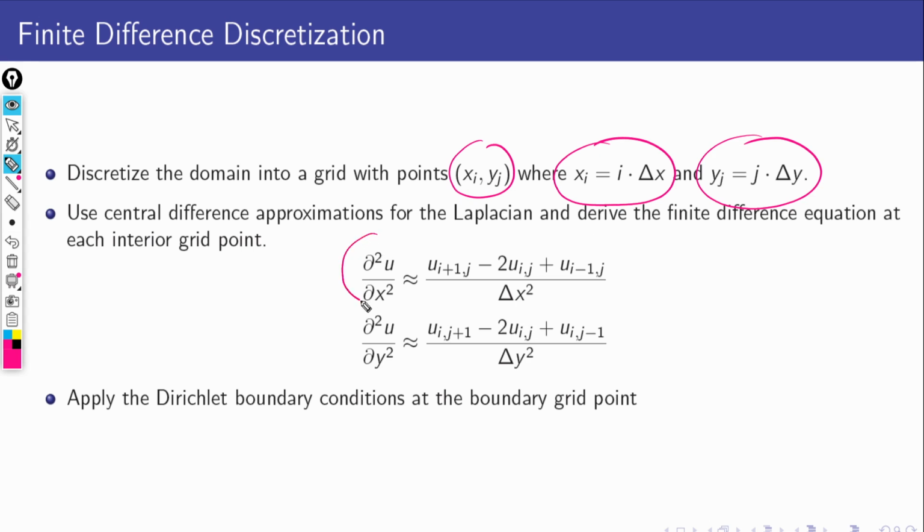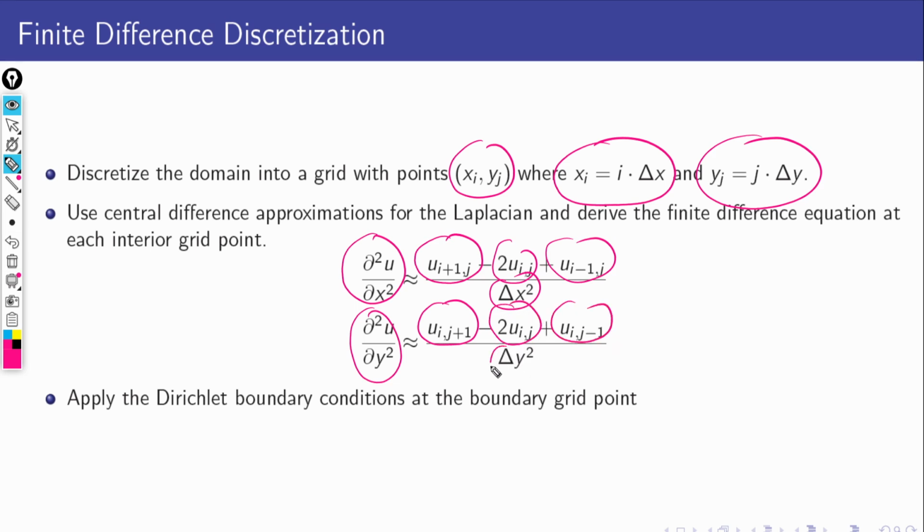So del 2u upon del x square will be approximated by ui plus 1 j minus 2 uij plus ui minus 1 j upon delta x square, and similarly del 2u upon del y square will be equal to uij plus 1 minus 2 uij plus uij minus 1 upon delta y square. And then after we need to apply the Dirichlet boundary conditions at the boundary grid points.